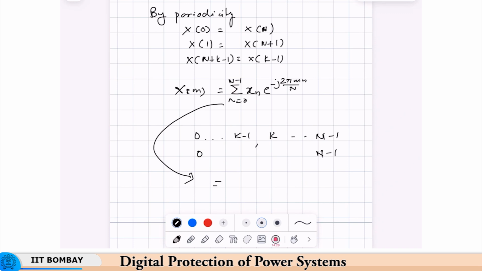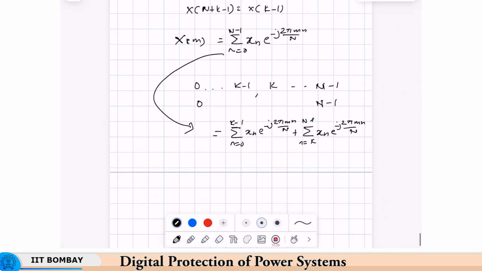So, this will become the sum over n equal to 0 to k minus 1 of x of n, the same, and n equal to k to n minus 1 of x of n e raised to minus j 2 pi m n by n. Okay.